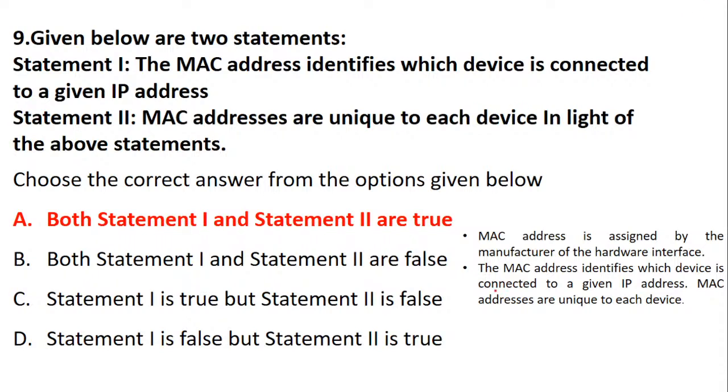The MAC address is assigned by the manufacturer of the hardware interface, and it identifies the device connected to the given IP address, and each device has a unique address. Hence, in the light of both statements, statement 1 as well as statement 2, both are true.